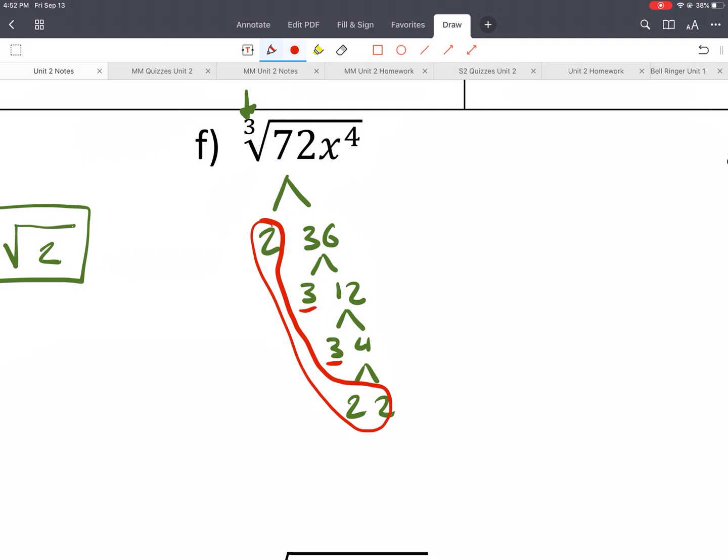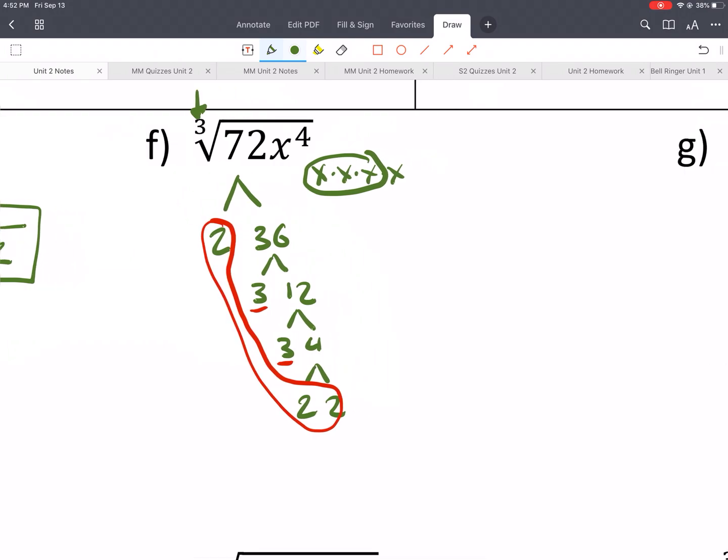For the x's, we have x times x times x times x. Groups of 3, so we'll take out the groups. We'll have a 2 times x times the cubed root of what's not in the group. So we have a 3 and a 3, so 3 times 3 gives us 9. And then we have an x.